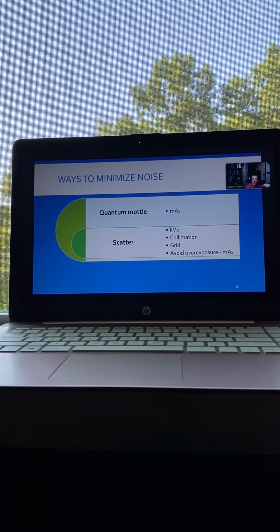And remember, those factors were things like atomic number, mass density, part thickness, and photon energy. Okay, so let me be very clear here, make sure you understand this. mAs does not impact whether or not scatter occurs. Okay. What impacts whether or not scatter occurs are the atomic number, mass density, the part thickness, and the kVp.